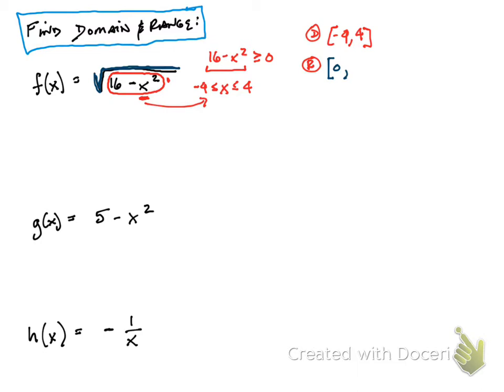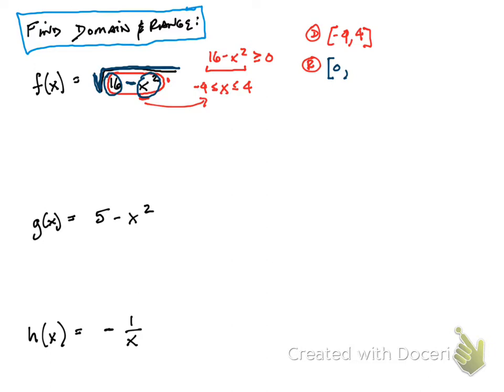Well, it gets a little complicated, and it's definitely worth plotting this function, I'll state again. But think about it. If you start with 16 and you subtract something, the smallest value that you could subtract would be 0. And if you subtracted 0, the square root of 16 would give you 4. Not plus or minus 4, it would give you 4.